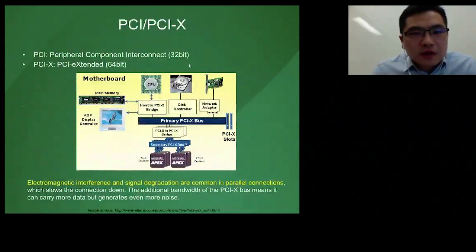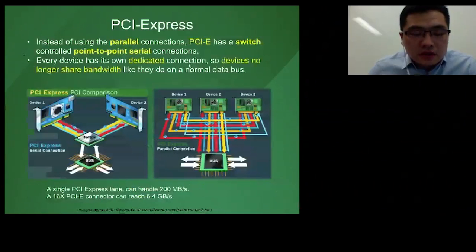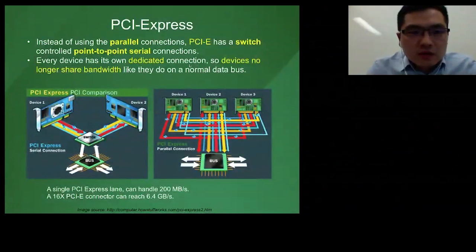In PCI and PCI-X, they are using the parallel connection. The disadvantage is that electromagnetic interference and signal degradation are very common in PCI and PCI-X. So there's a bottleneck in the bandwidth of these two types. So later, we developed the so-called PCI-Express interconnection.